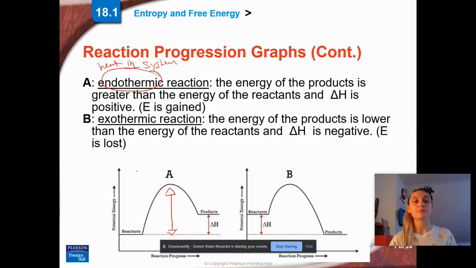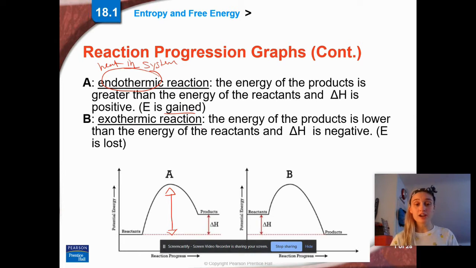Heat is energy, and so heat is going in, and the products will have a little bit more energy at the end. I want you guys to know that the energy of the products is greater than the energy of the reactants in an endothermic reaction, and delta H is positive. And remember, energy is gained here because energy is going in.